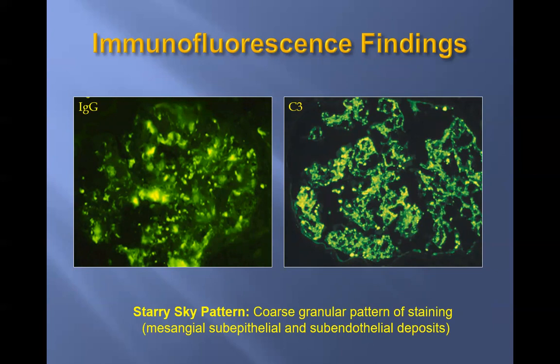We cannot even see our hand. Then we put on the immunofluorescence light on the microscope, and we see this greenish type of thing. If you have a slight light inside, you might not be able to see that. So you see such a starry sky pattern of glomerulonephritis.